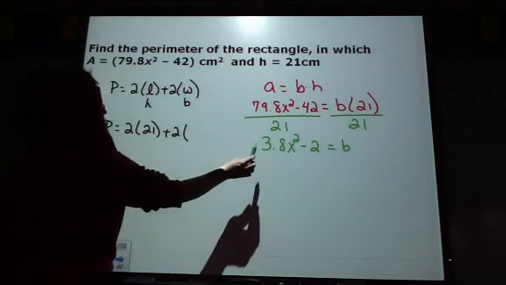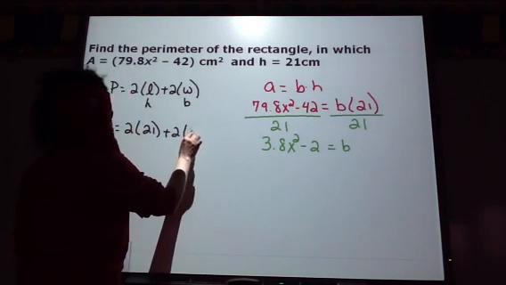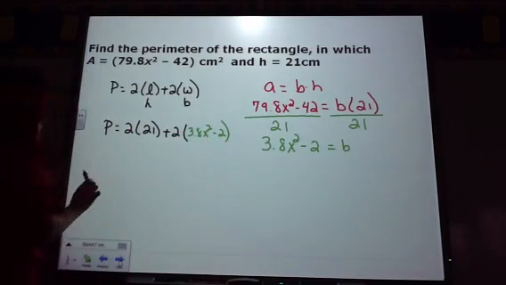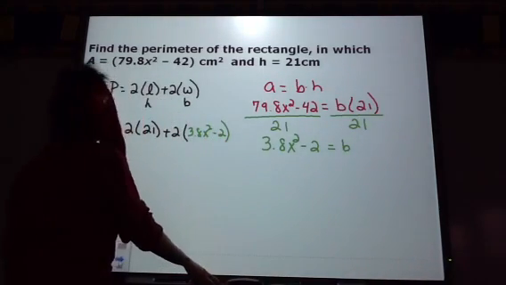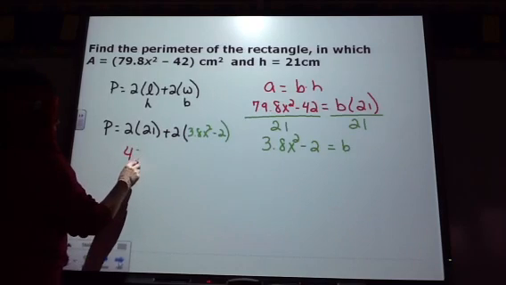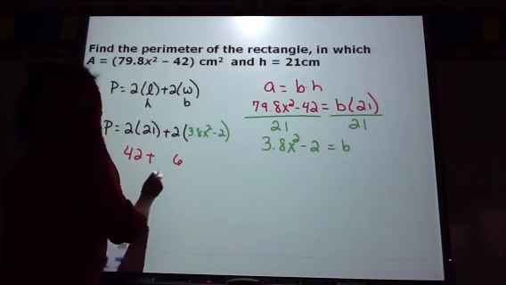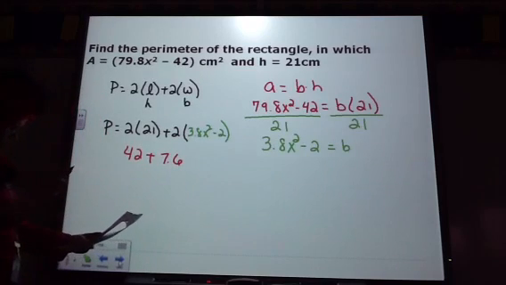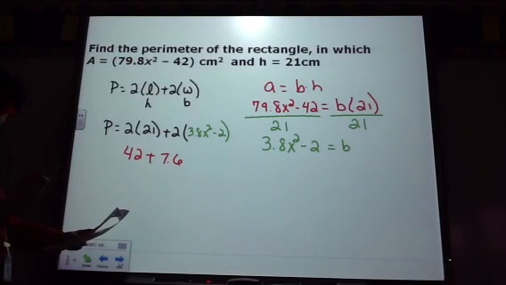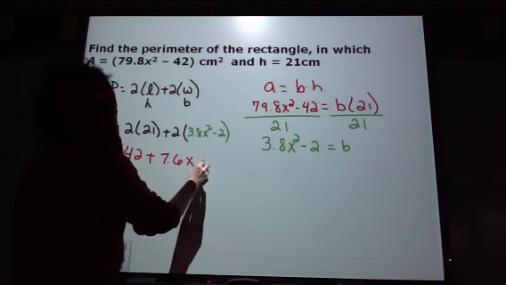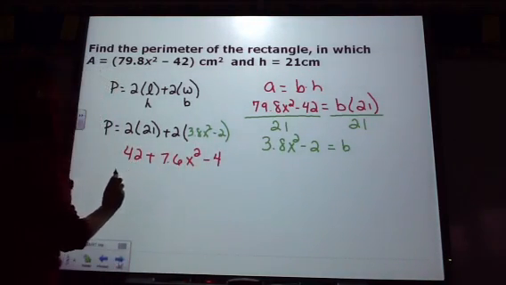So now I can substitute this in for my base. And then we need to simplify here. So I have 42 plus 8 times 2, I believe that is 7.6x squared minus 4.